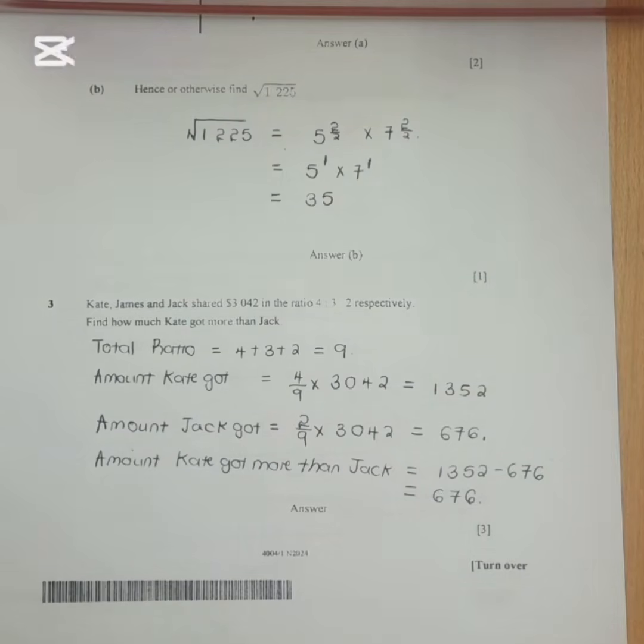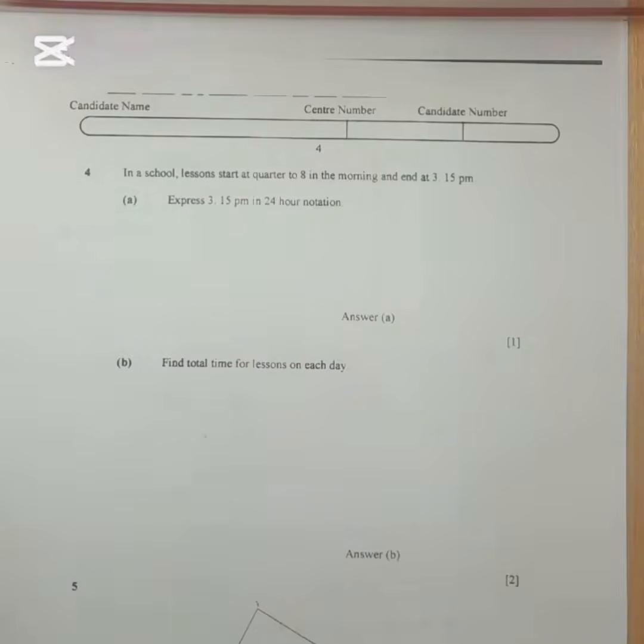Let us proceed to number 4. In a school, lessons start at 7:45 in the morning and end at 3:15 p.m. We are supposed to express 3:15 p.m. in 24-hour notation.